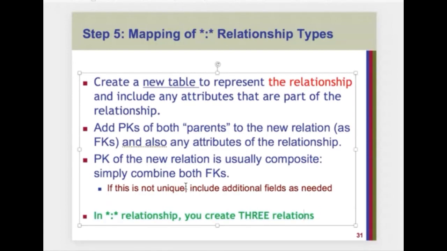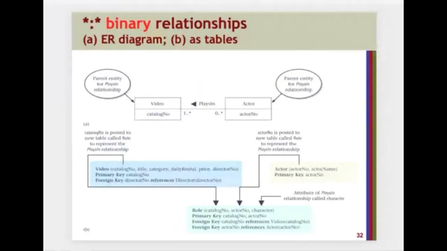Okay, so let's see with the help of an example. This is entity video, this is entity actor, and we see here the relationship is star-to-star, because in star-to-star or one-to-star we see the maximum values. So here it is star-to-star.